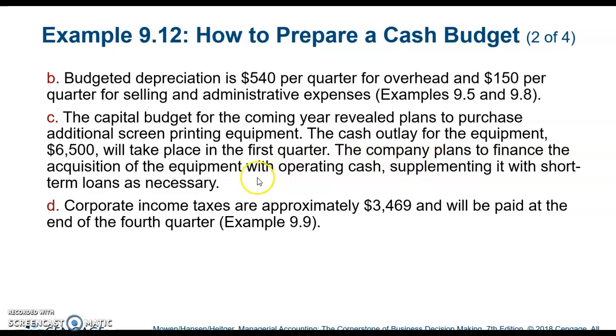And they plan to use their regular operating cash. If we need to, we'll get short-term loans to help pay for that $6,500. Corporate income taxes are approximately $3,469, which we saw on the budgeted income statement, and they'll be paid at the end of the fourth quarter.